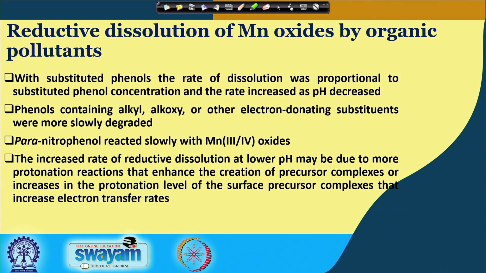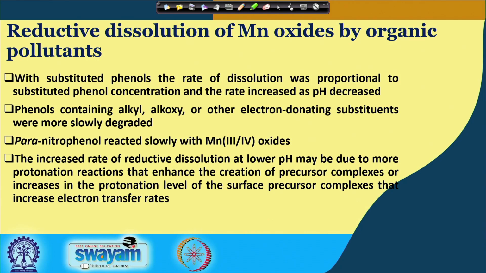The increased rate of reductive dissolution at lower pH may be due to more protonation that enhances the creation of precursor complexes or increases the protonation level of the surface precursor complexes, which increases the electron transfer rates.